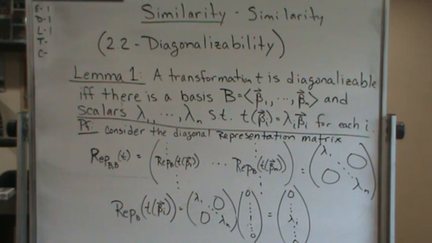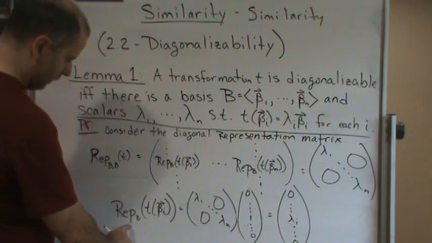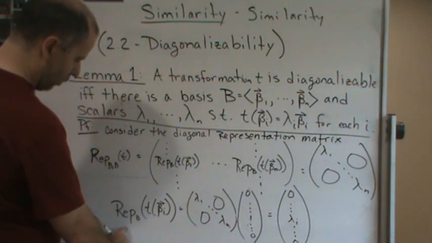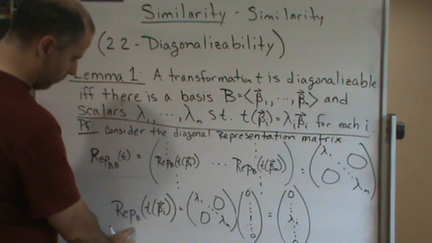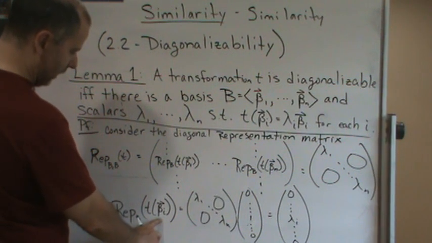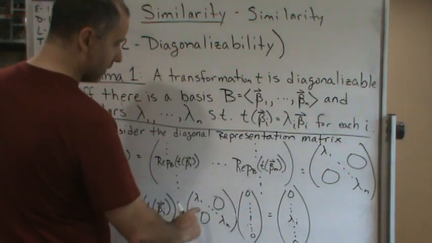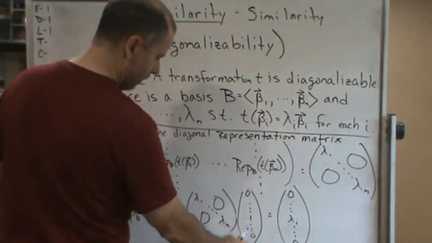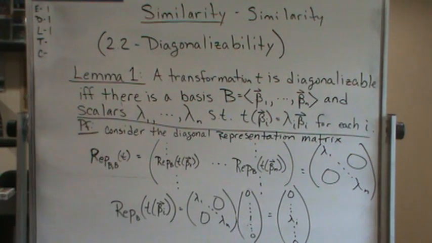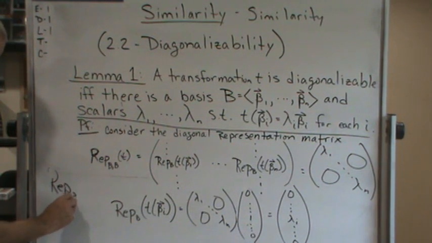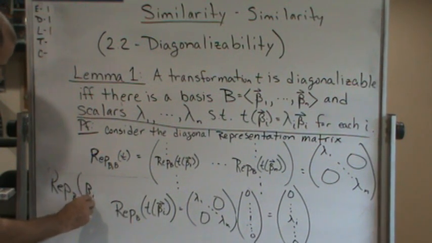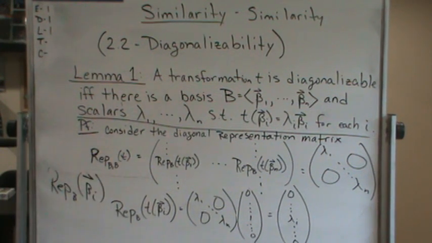And so if we take the product, we take this representation here with respect to B of T of beta sub I, that's going to give us our representation matrix here times our representation with respect to B of beta sub I. And what does that give us?